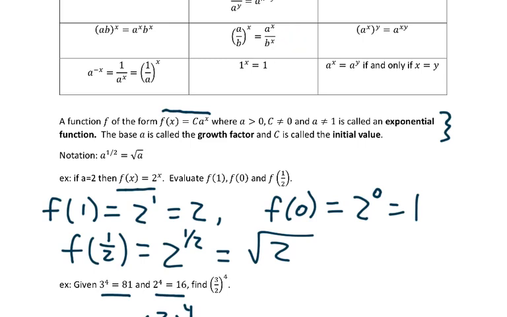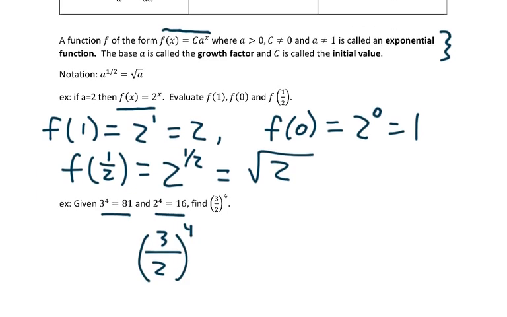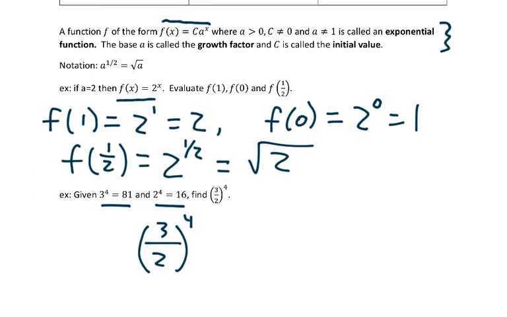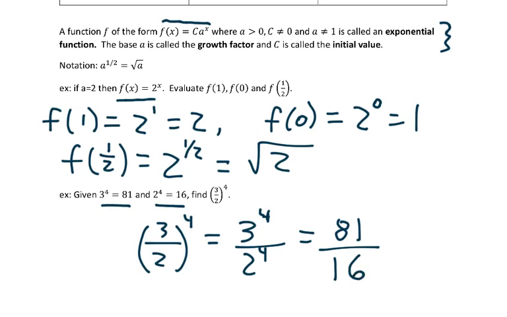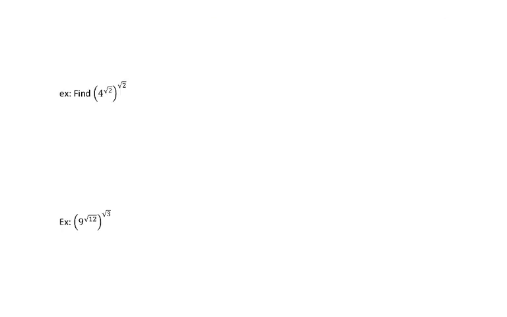So raising to an exponent is compatible with division. So here we're going to have 3 to the 4th divided by 2 to the 4th. And using what's given, we're going to get 81 over 16. Okay, so that's good. Let's keep going now.